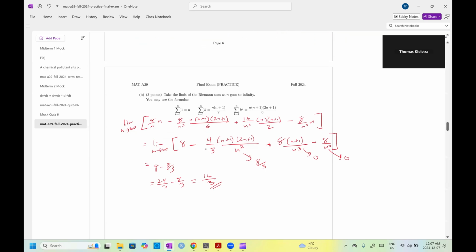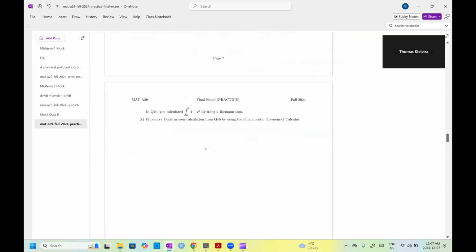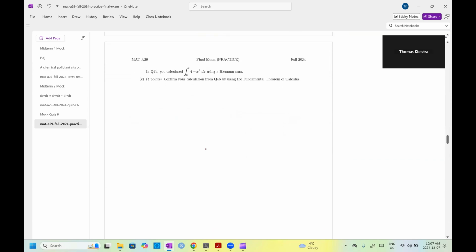And that's our solution. And in part C, it wants us to verify this using the fundamental theorem of calculus.